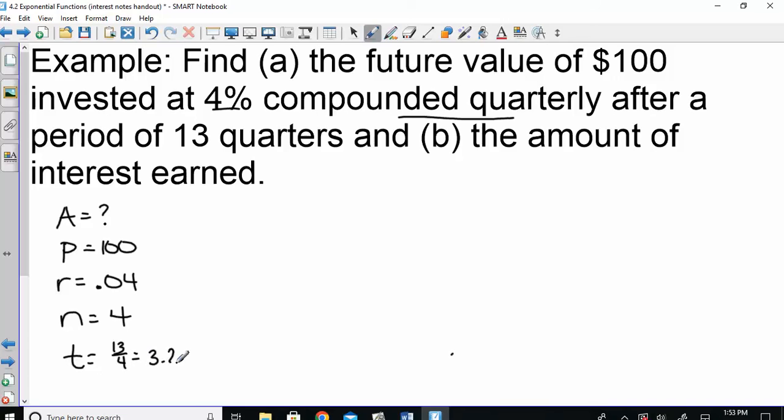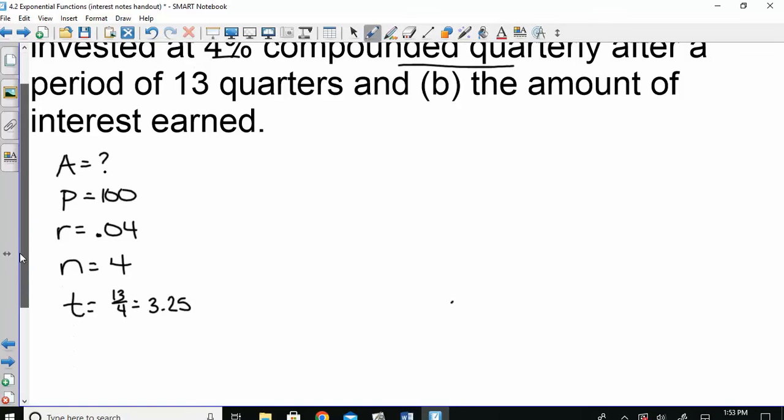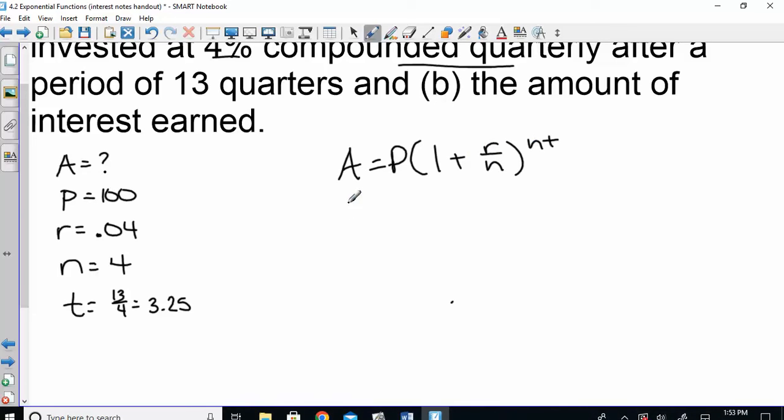So it would be 3.25 years. Now we're just plugging into the formula. This is my formula that you don't have to memorize. So it's 100 times 1 plus 0.04 over 4, to the N times T, so 4 times 3.25.